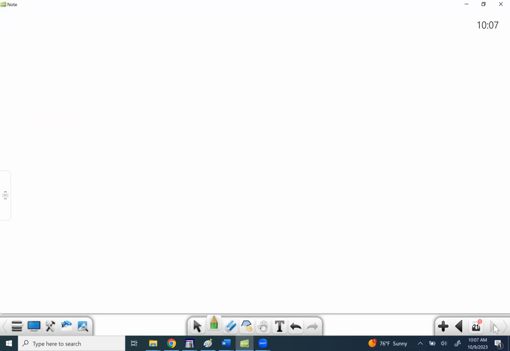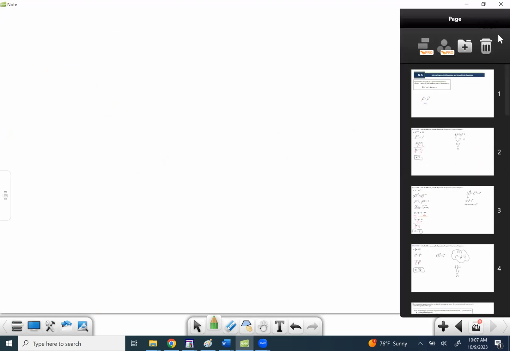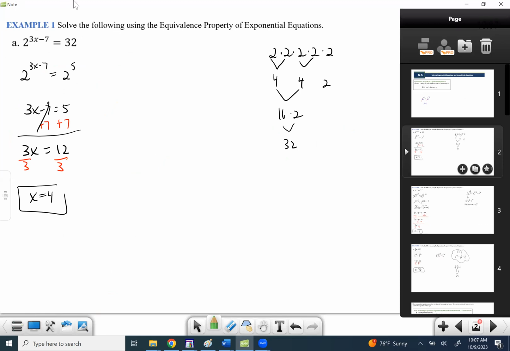All right, you guys. So that is it for 5.5. To summarize, we have equivalence properties for both exponentials and logarithms. For exponentials, try to get them to where they have the same base. So if you spot like a 9 and a 3, or if you spot like a 32 and a 2, for example, then write them as the same base, okay?